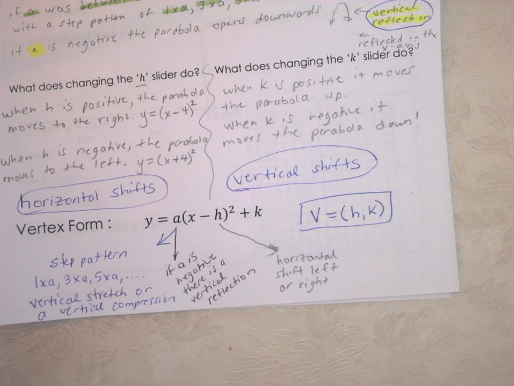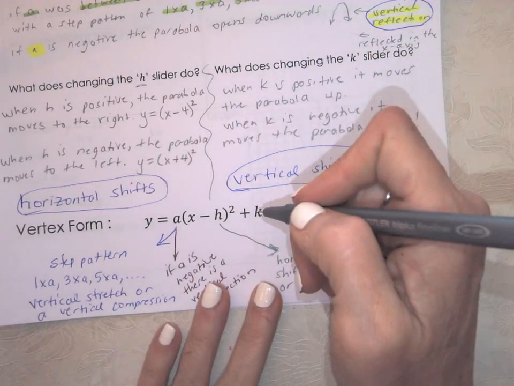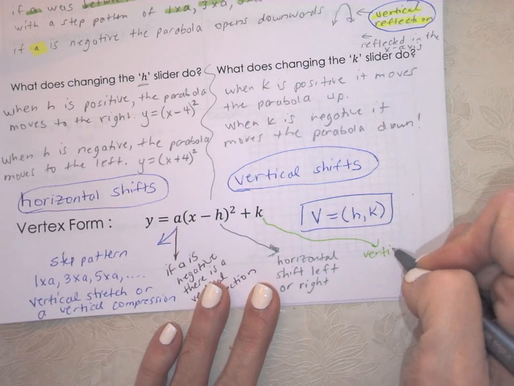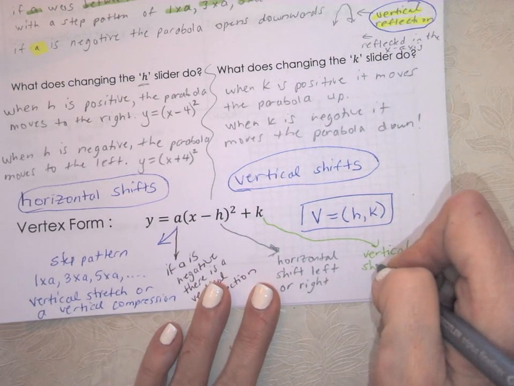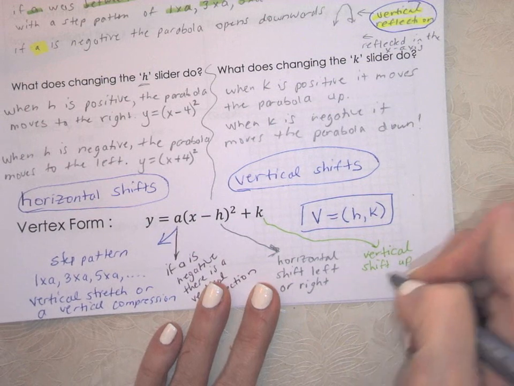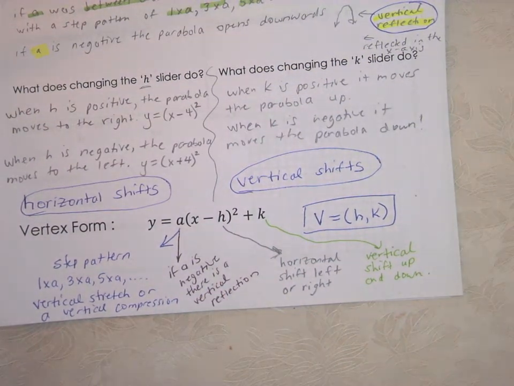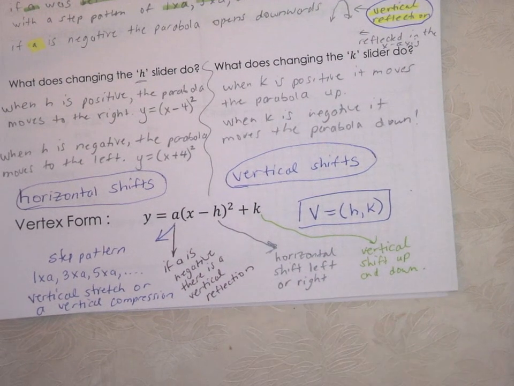K is our vertical shift. Up and down. So there's our powerful vertex form, which makes it really easy for us to graph our parabola and also to tell what transformations the parent function, which is just plain old y equals x squared, has undergone.